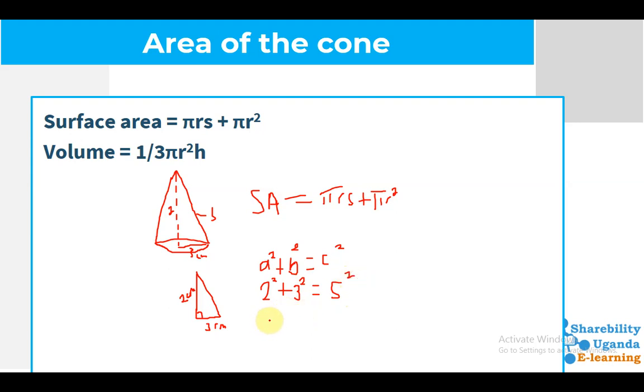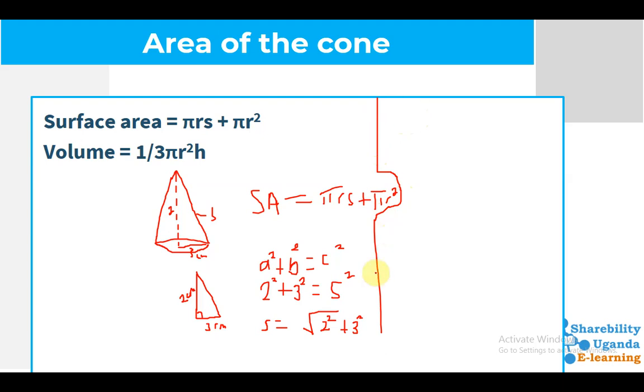So here we shall get s as the square root of 2 squared plus 3 squared. Here we want to first find the slant, such that we can be able to find the surface area.